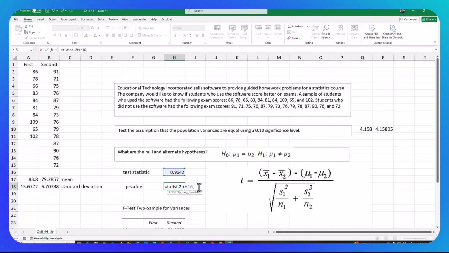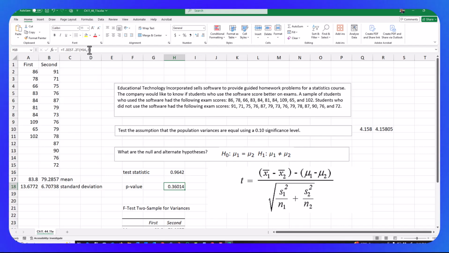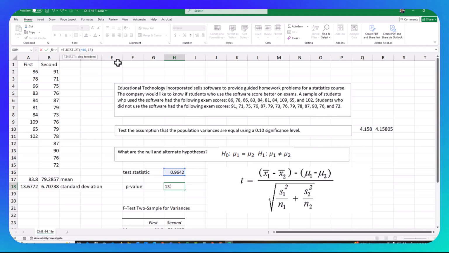Oops, I said 13 and I'm not even thinking here. So the smaller would be 9, right? Because the degrees of freedom is the sample size minus 1. So typically this will work. If it complains with that, then you might do the 14, the larger of the two, and this might give you a closer value.